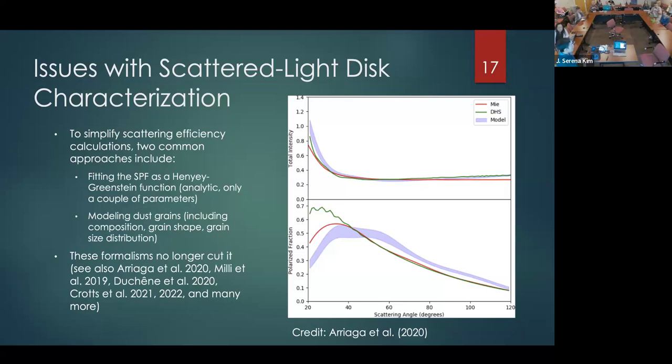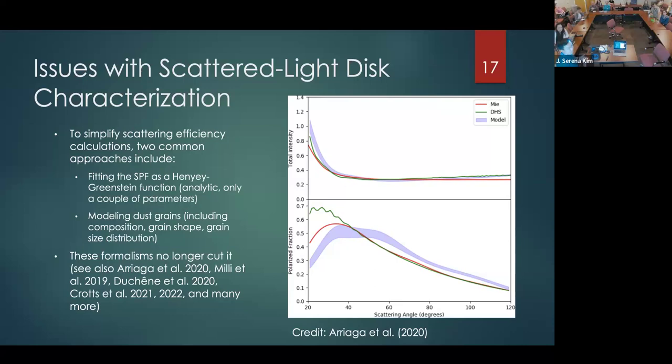And there is no combination of compositions or grain sizes between either of these grain shapes, so the Mie scattering assumption or DHS, which is the distribution of hollow spheres assumption, there is no model that can fit both of these profiles simultaneously. And this is not new. This is known to be a huge problem, that Mie scattering and other very simple dust grain modeling approaches are not good.